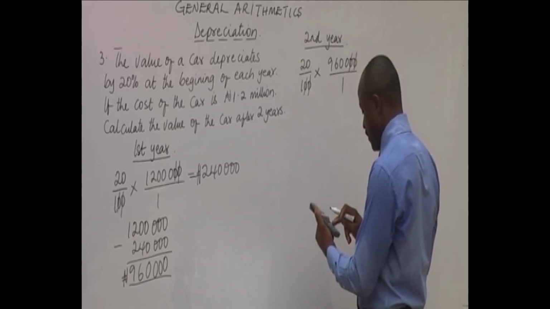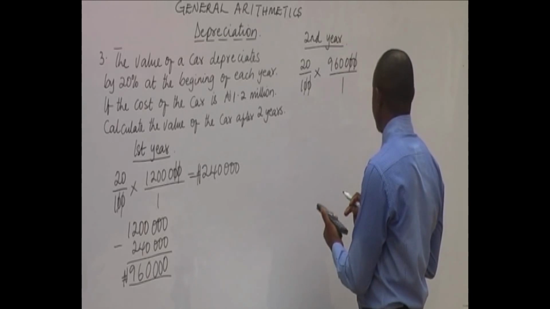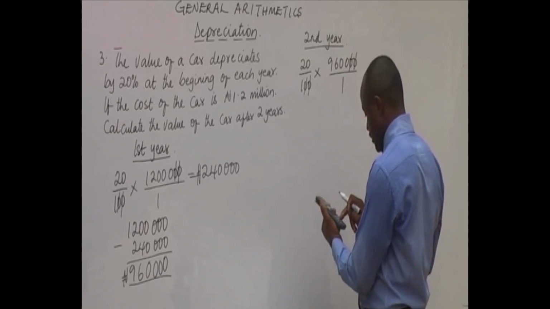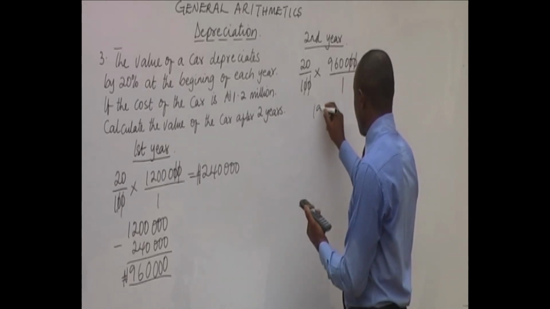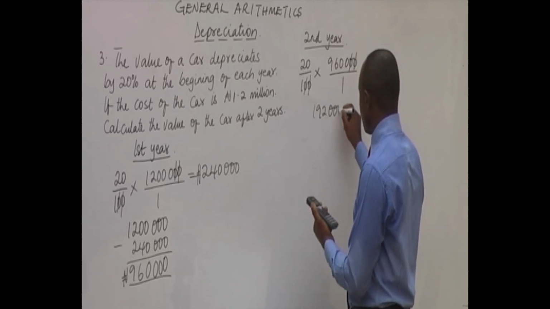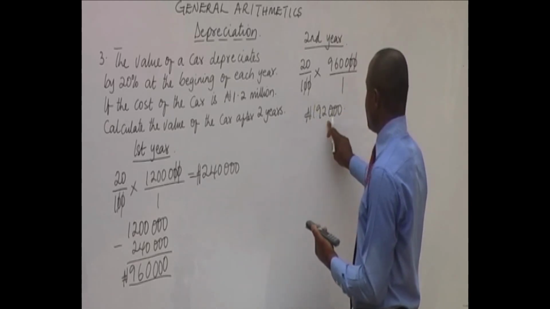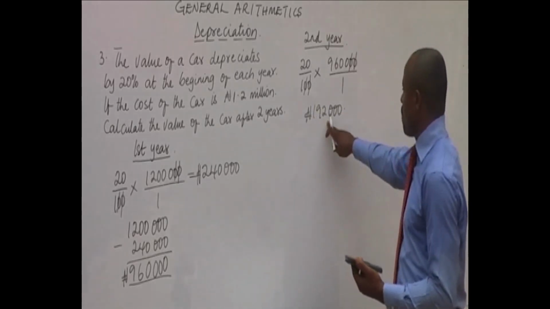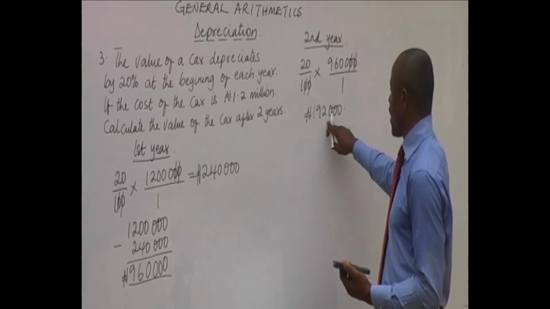So we have 20 times 9,600. It's giving me 192,000 naira. So this is the value that the car will lose in the second year.